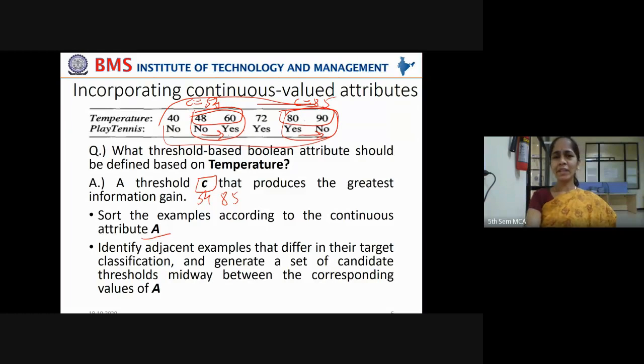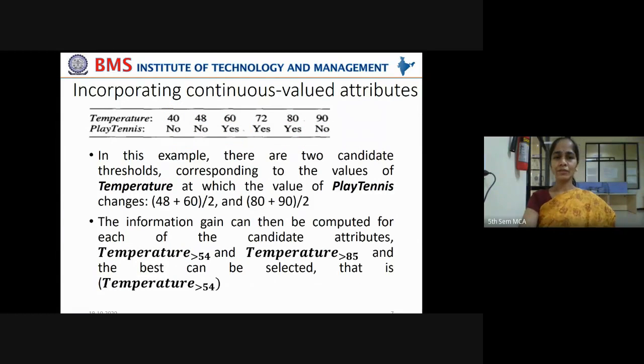Now, because this is a simple example, we can see where the information gain is more. There are not many training examples left, but here with C equal to 54, you can get a better classification than when C equal to 85. That is what we are doing here.